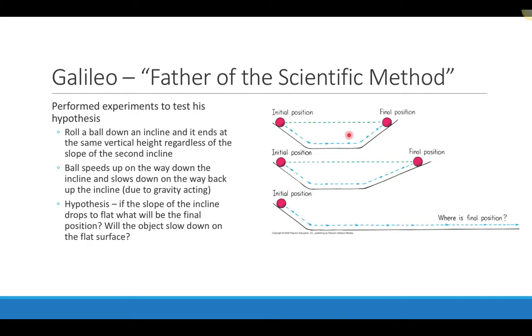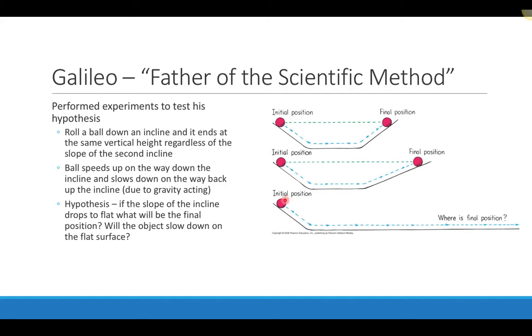You could imagine that in the first picture, those ramps are essentially the same angle of incline. But you could have another situation where the ramp on the other side is not as steep an incline, and he discovered that the ball would still roll up to the same height that it was released from.